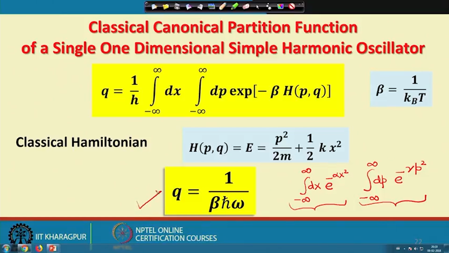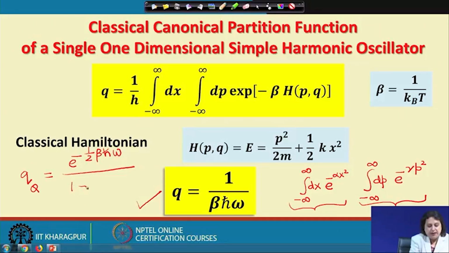And here I see that this is q equal to 1 by beta h cross omega, but you already know what the expression for a quantum mechanical simple harmonic oscillator would be. That is going to be equal to e to the power of minus half beta h cross omega divided by 1 minus e to the power of minus beta h cross omega.